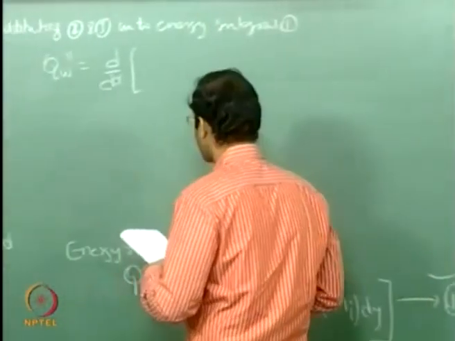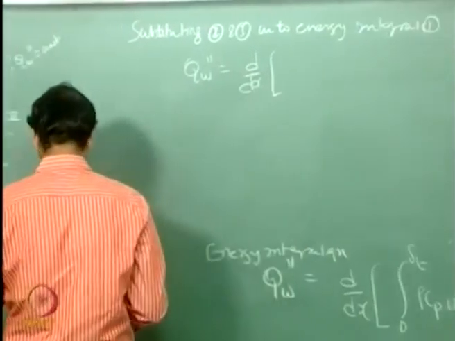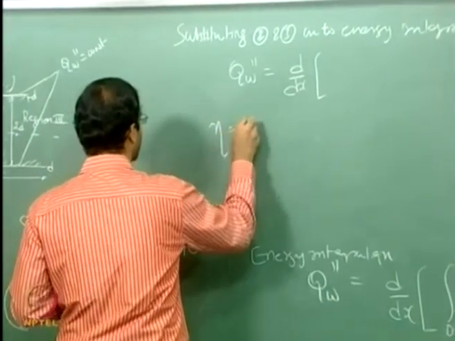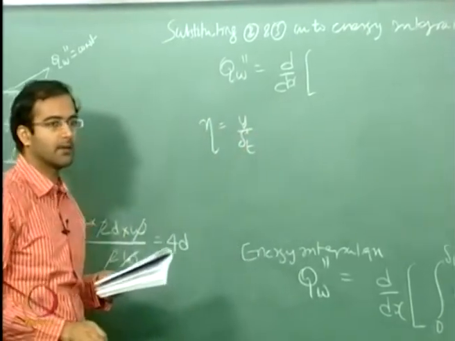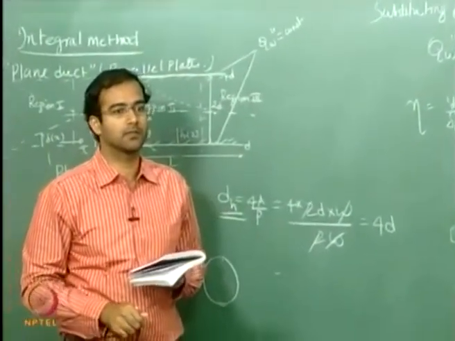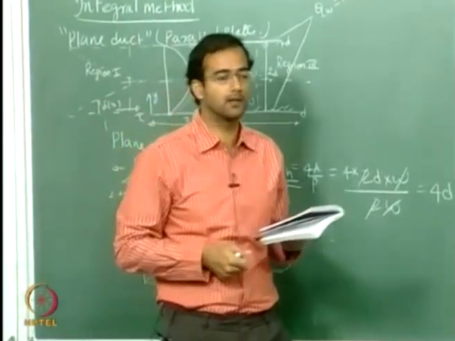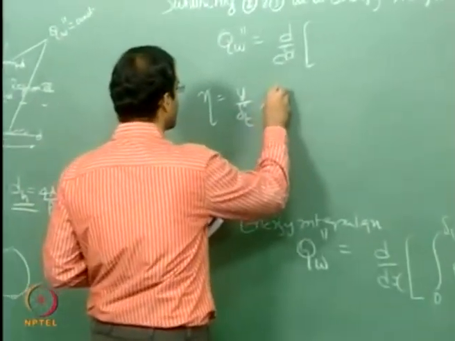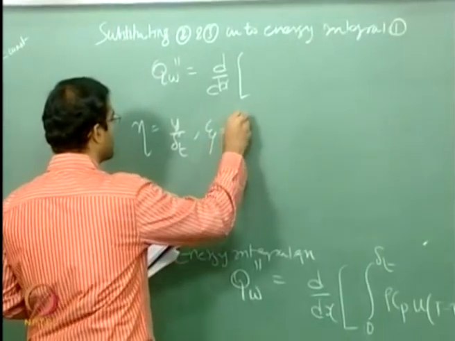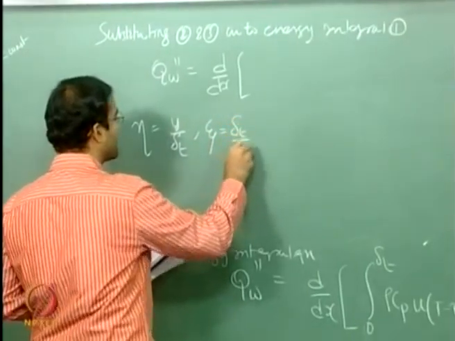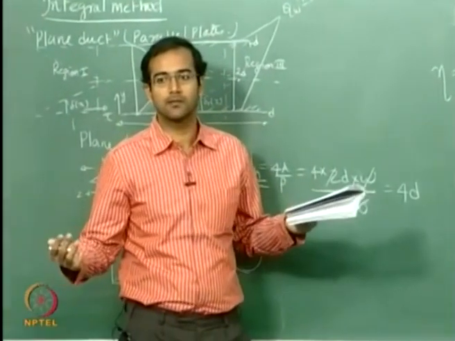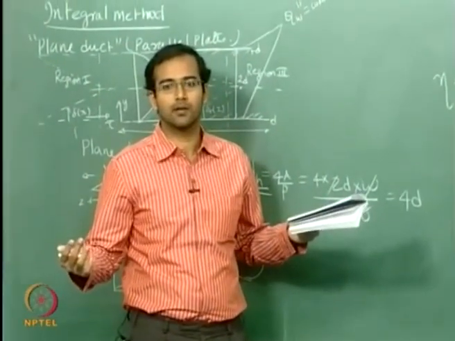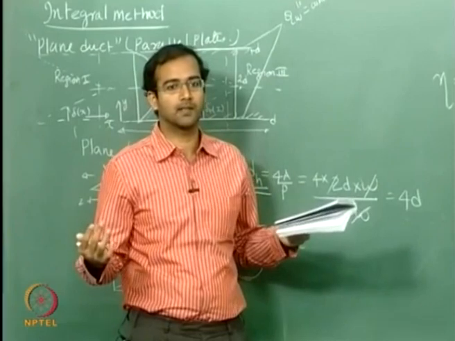I am going to introduce non-dimensional variables here. One I call as eta, which is y by delta t, very similar to the external flow. You remember you introduced zeta there to denote delta t by delta, right? So here we don't have any delta because we don't talk about momentum boundary layer thickness.